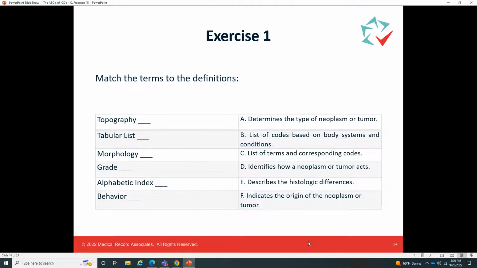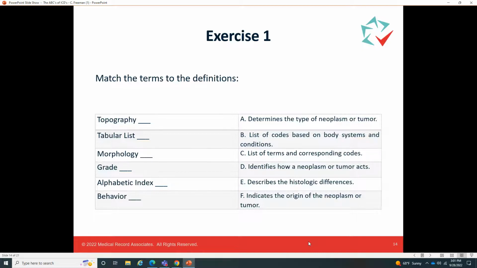Our choices are as follows: determines the type of neoplasm or tumor, list of codes based on body system and condition, list of terms and corresponding codes, identifies how a neoplasm or tumor acts, describes the histologic differences, and indicates the origin of the neoplasm or tumor. Don't worry, these aren't graded. You will have an opportunity for a quiz after the presentation. So take your time and we'll figure this out together.